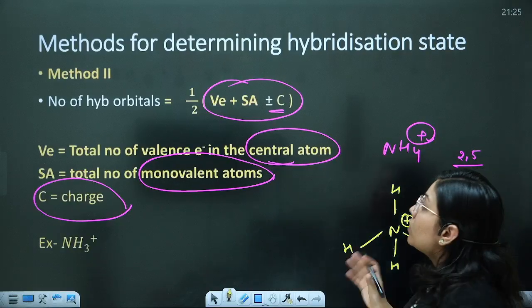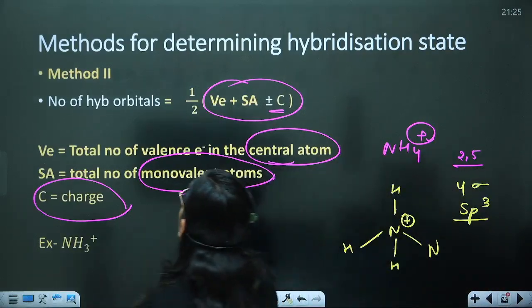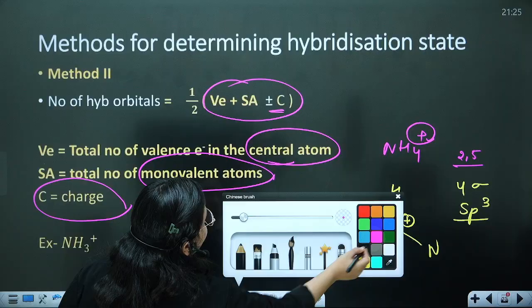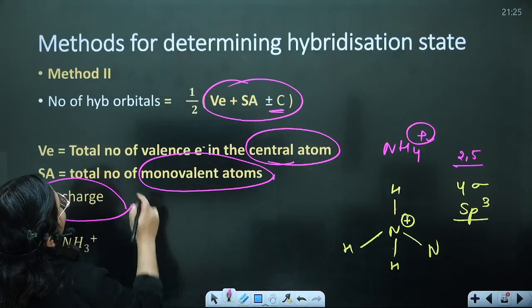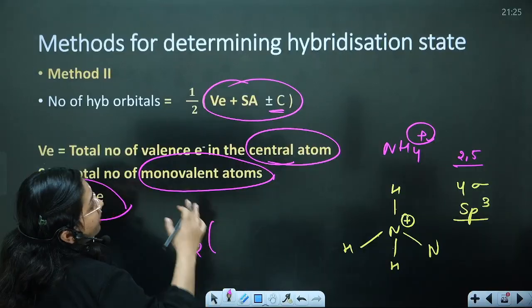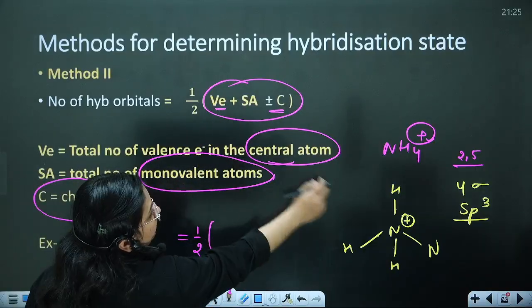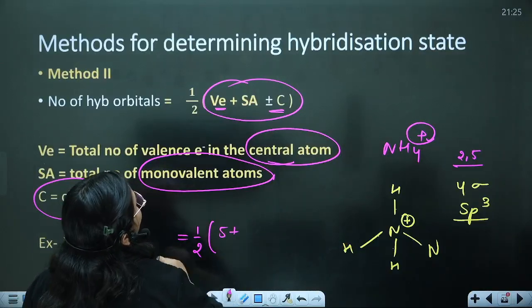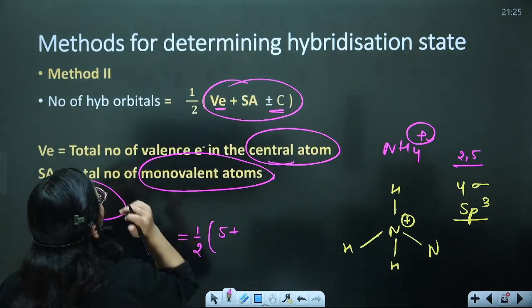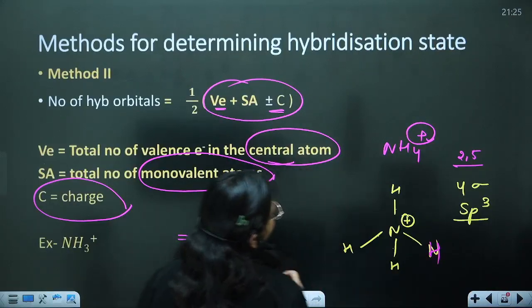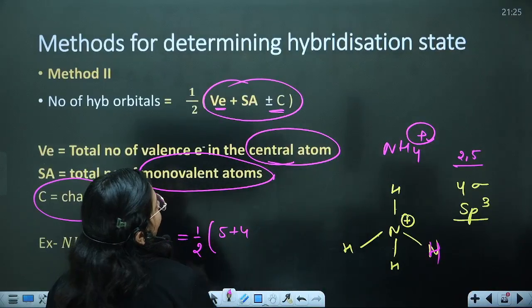We can also do it with the formula for the number of hybrid orbitals. See how we can calculate. Here, half of the valence electrons in the central atom, that are 5 in number, plus the number of monovalent atoms, that is 4, okay.